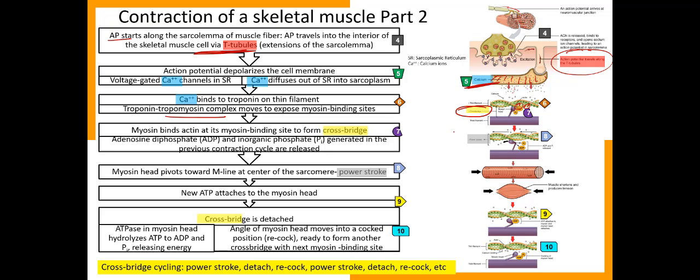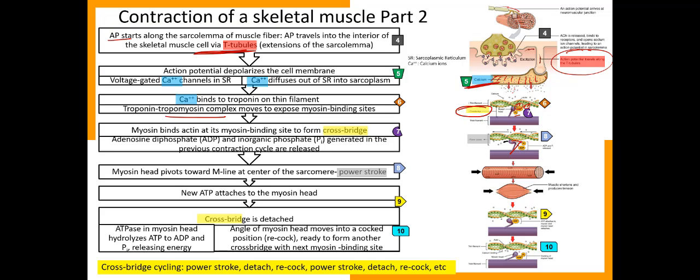And what you see over here is that when the cross bridge is formed, the ADP and the phosphate group that are bound to the myosin head are released. And that allows the myosin head to enter into a cocked position.